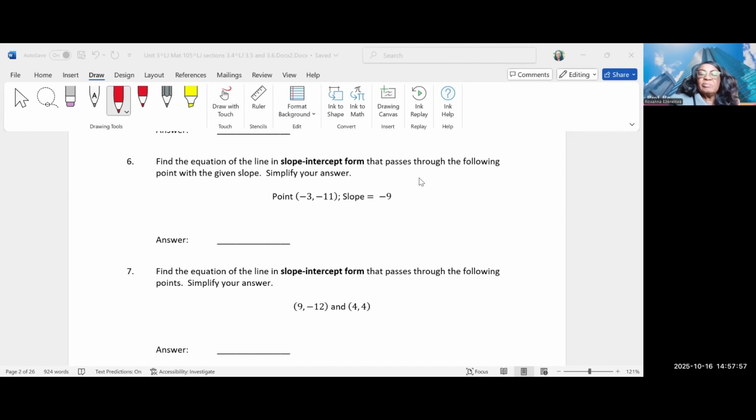Connor C. Connor Craft. Is he here? Connor is not here. Amaziah D. Here. Okay, thank you. Kindle J. Here. Okay, I will email you your paper and put your grade in. Cornelia Ledford.